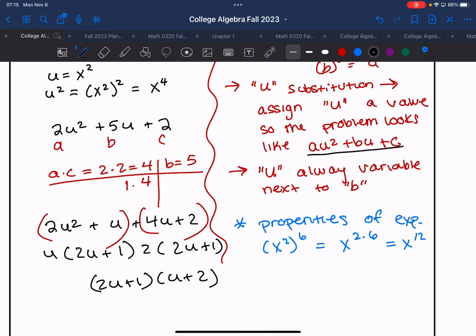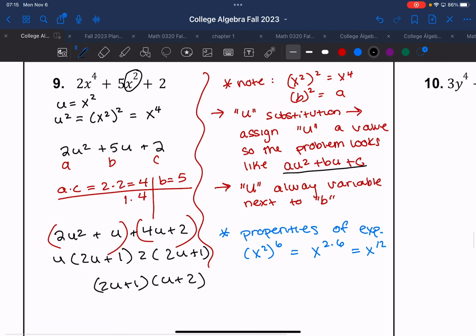However, our original problem was not in terms of u. It was in terms of what? X. And what did we say in the beginning that u is equal to? X squared. So instead of writing the u's, we're going to write x squared. So this is 2x squared plus 1 and x squared plus 2.